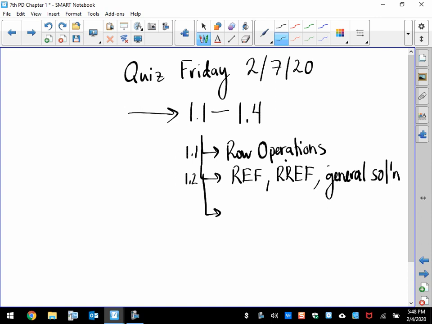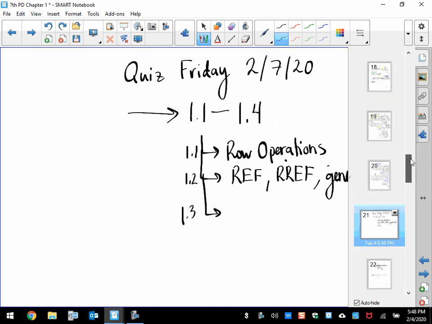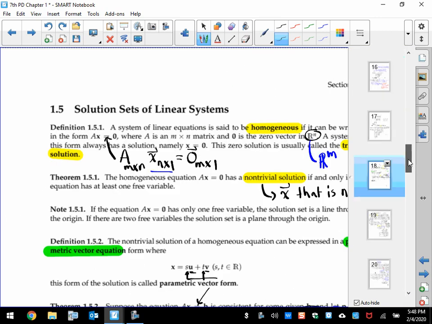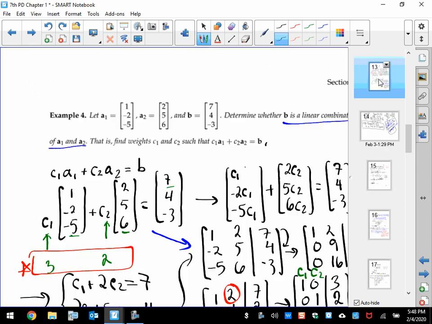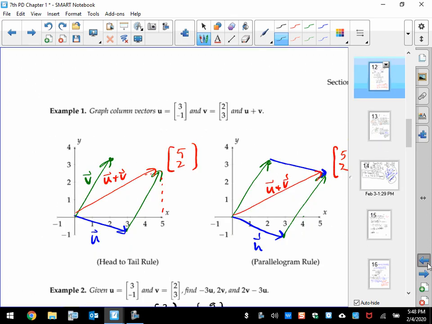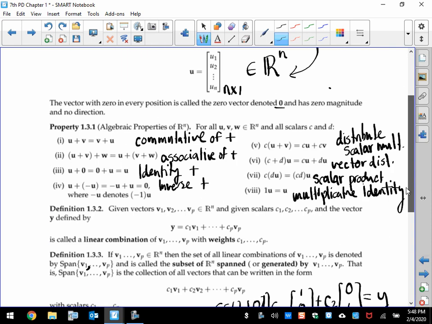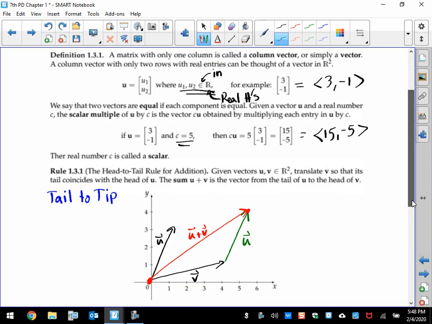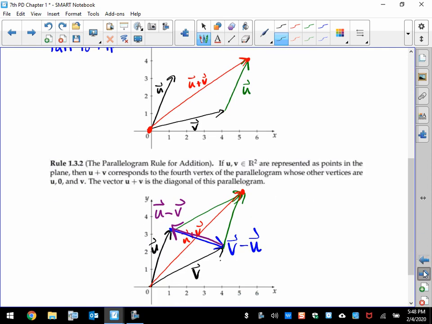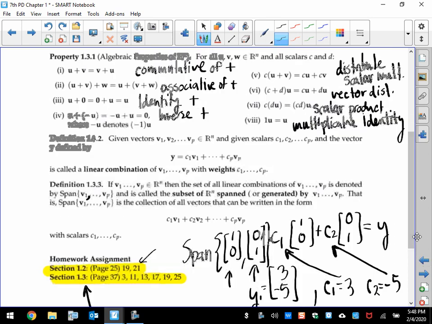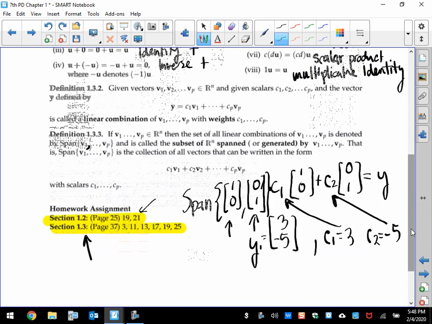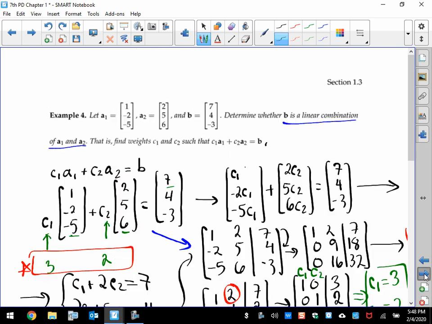And then 1.3, we learned, let's see, 2 classes ago. I did a video on that one, didn't I? Where's 1.3? Vectors. Yeah, so we learned all the properties of vectors. I think I did a video on that one. And vector equations, and learning how to represent the weights of vectors. So that was linear combinations.